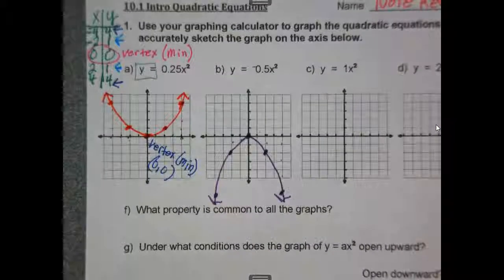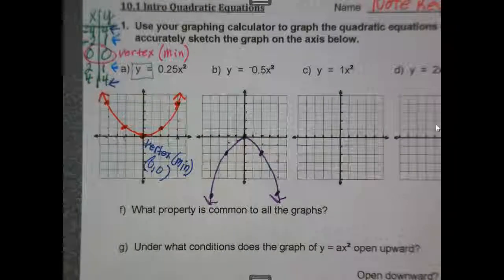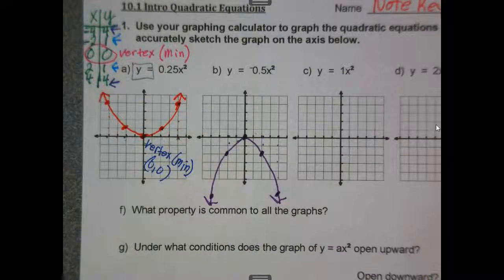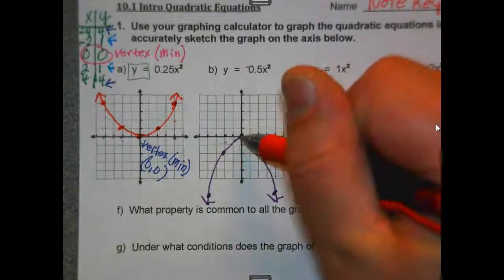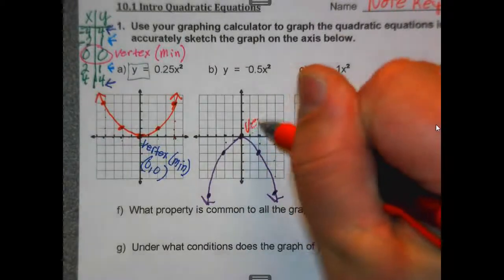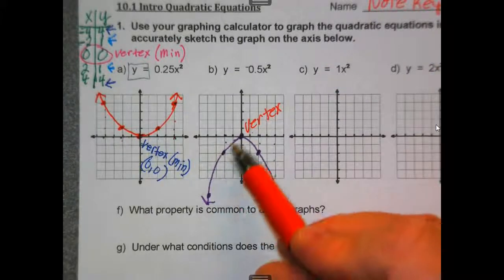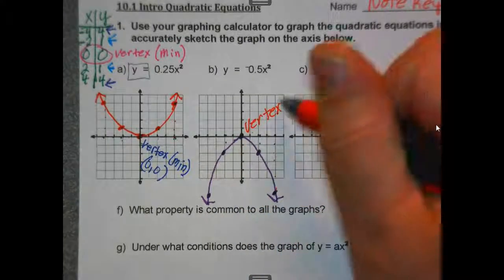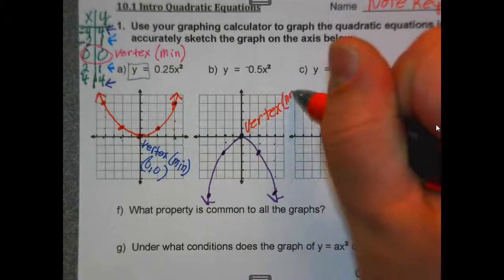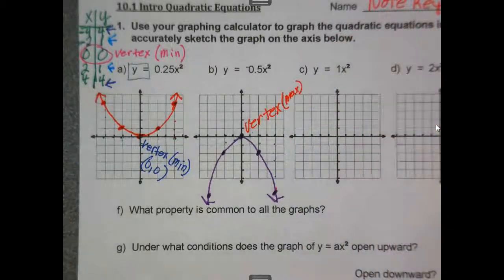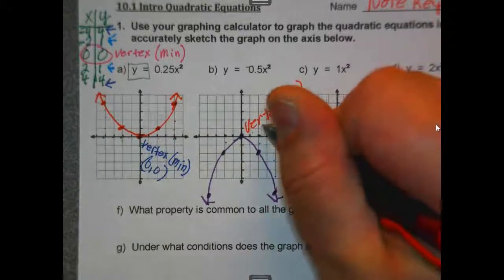I'm going to label a couple of things. Let's see, this point is my vertex. This time it happens to be the highest point of my graph, so it's a maximum. Again, it's at 0, 0.